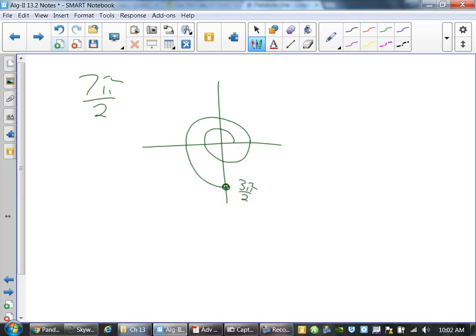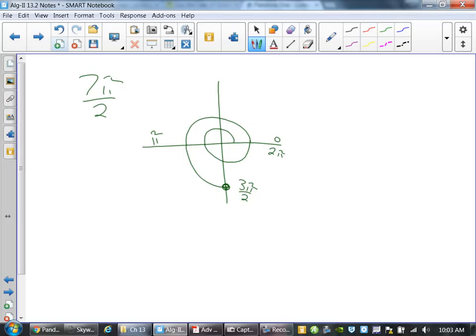I think we got it. You're trying to figure out where it lies in terms of one revolution. Any angle can be spun to find a coterminal angle that lies within 0 to 2 pi.